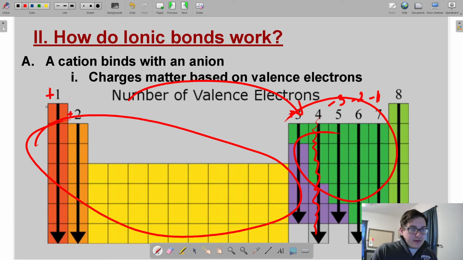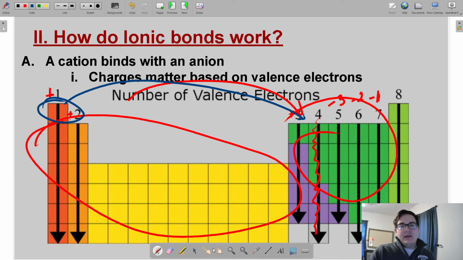The only caveat is that hydrogen is a special guy, and he actually belongs with the nonmetals over here. Hydrogen being a nonmetal is the one tricky part, but we'll get there when we get there.